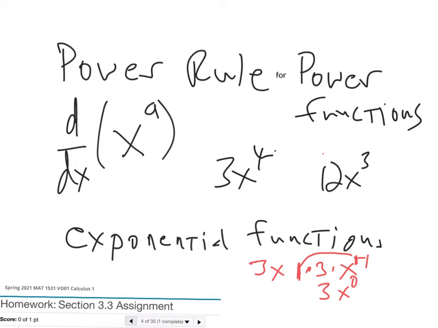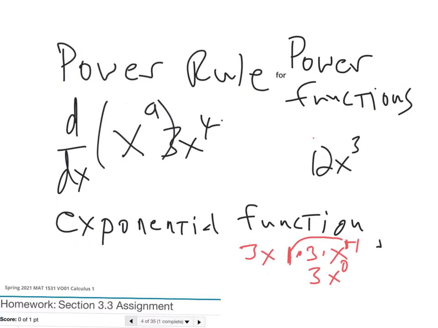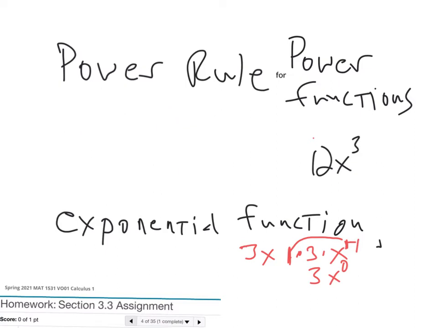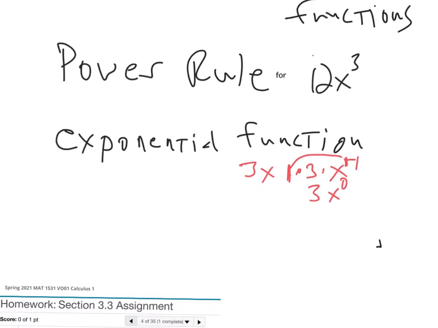Now, what about if I've got an exponential function? What do I do with that? Here, let me do some deleting here. You must admit, this is a heck of a lot easier than doing that limit expression. Okay, can I erase this? Yes, I can.